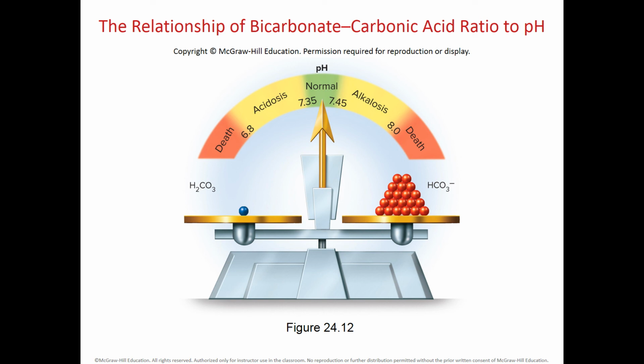The key points. Another key point is that the pH range is between 7.35 and 7.45, and alkalosis happens when the pH is above 7.45, as you can see here, and acidosis happens when the pH drops below 7.35.